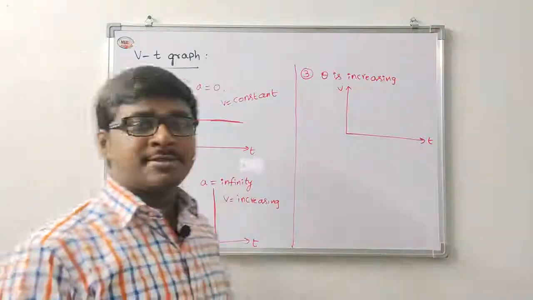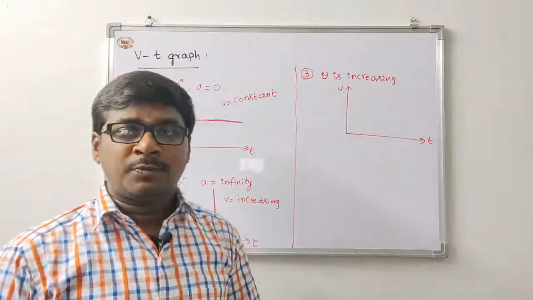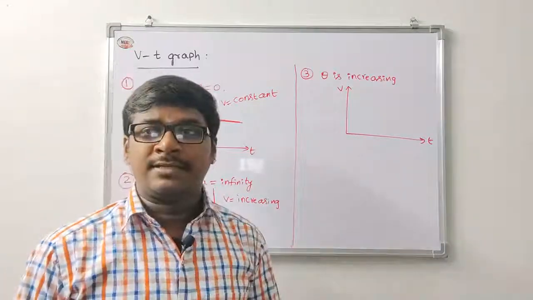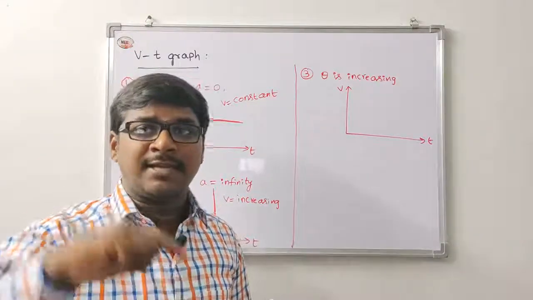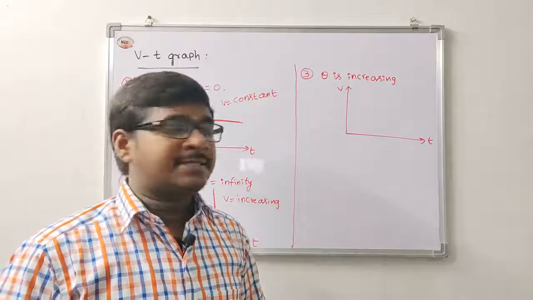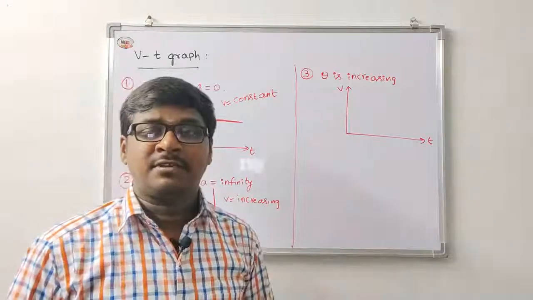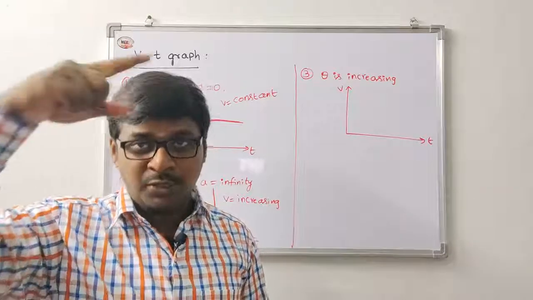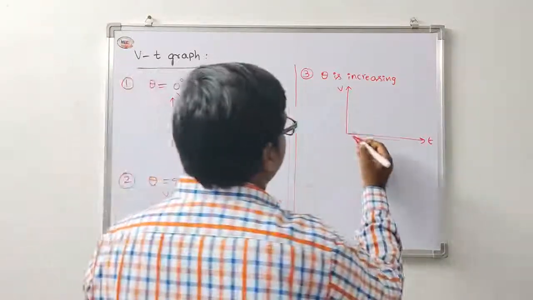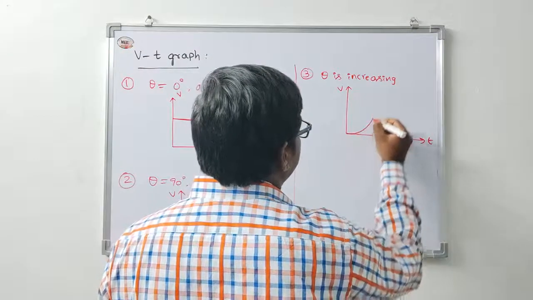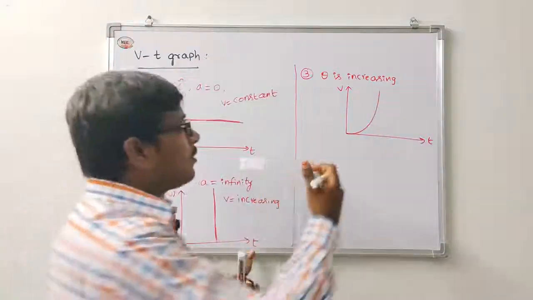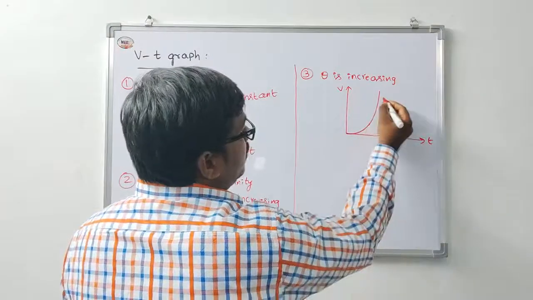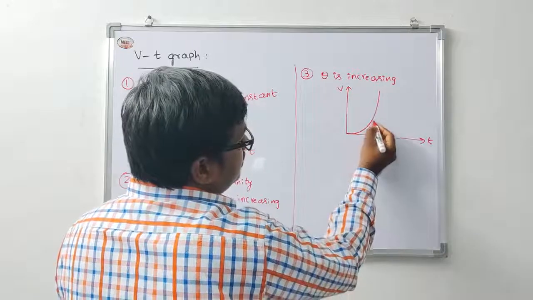In the previous session we discussed that in the position time graph, a linear equation represents a straight line, and a quadratic equation represents a parabolic, U-shaped graph. Here the theta is increasing this way, making an angle theta.